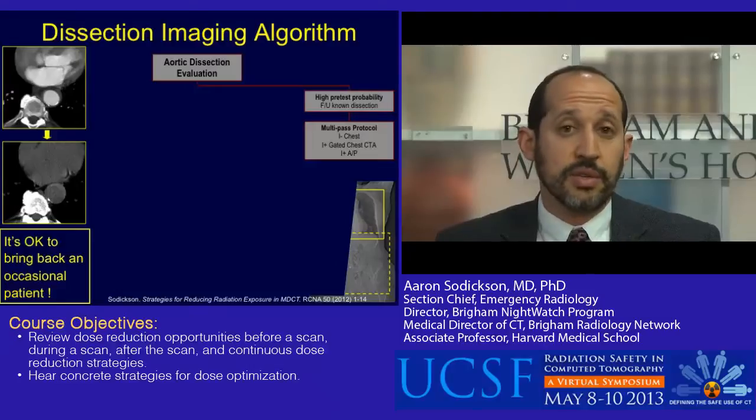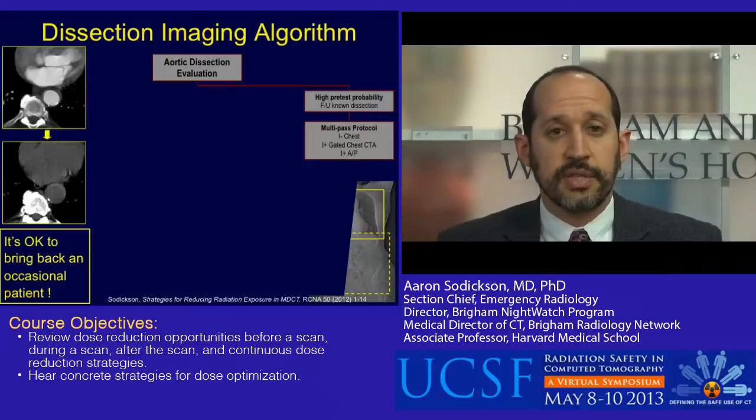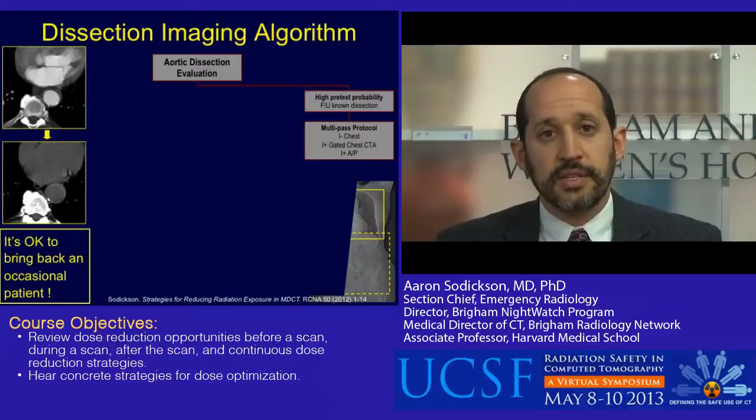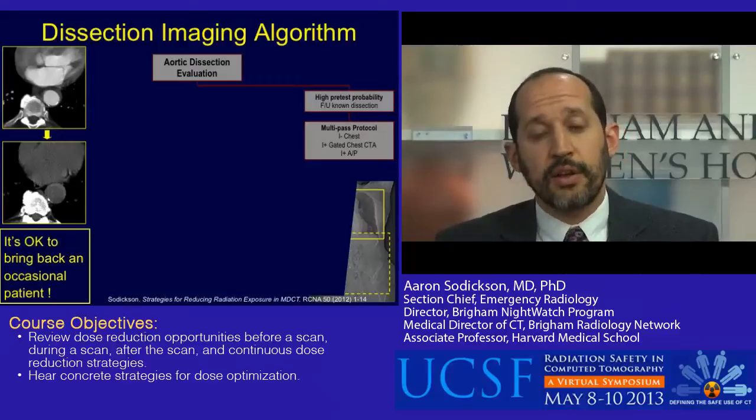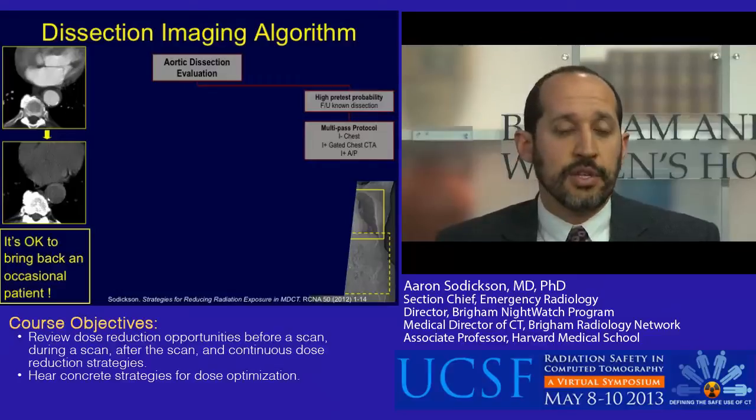It usually actually only takes 5 or 10 minutes to clear the contrast out of the blood pool. And you can see now this IMH appears dense compared to the unenhanced blood pool. And so it's okay to bring back an occasional patient. I'd rather bring back or do delayed imaging on 1 in 200-300 patients than do shotgun imaging for all of our patients.